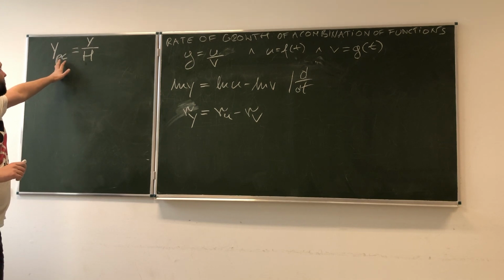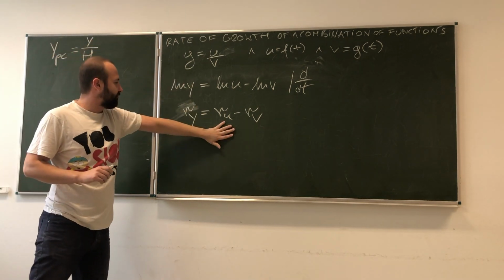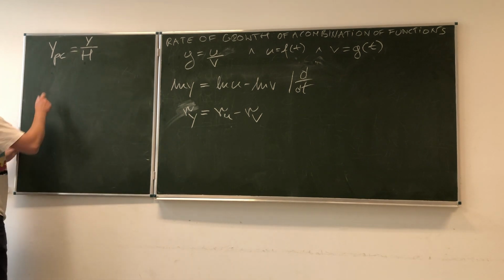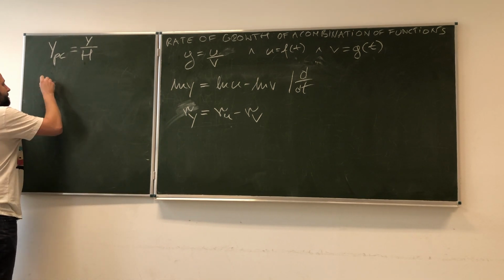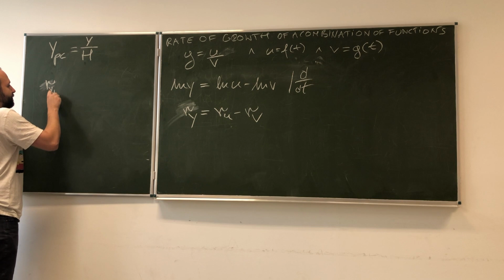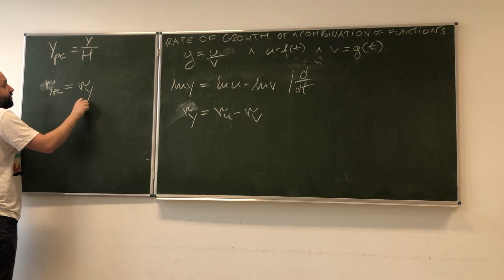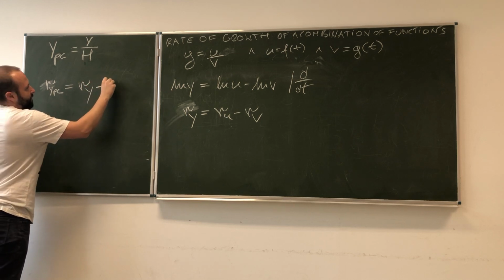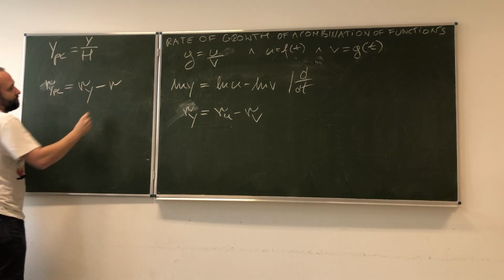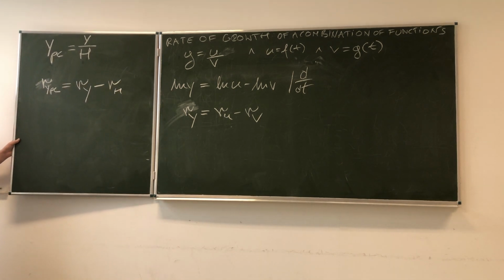Out of this, and knowing this formula, we can right away say that the growth rate of GDP per capita is equal to growth rate of GDP minus growth rate of population.